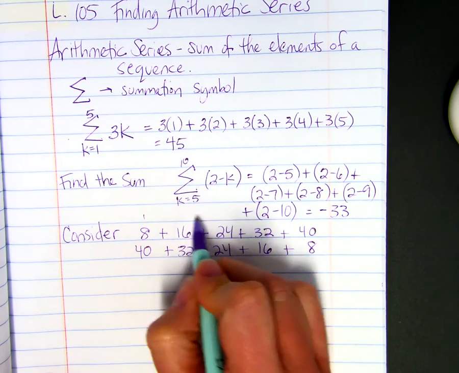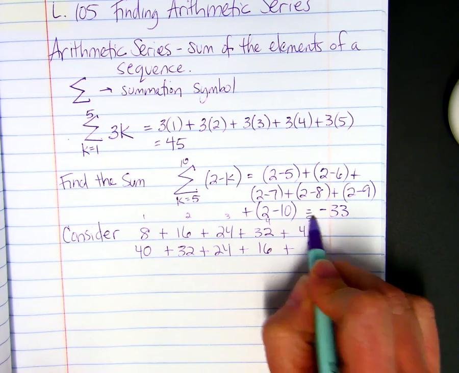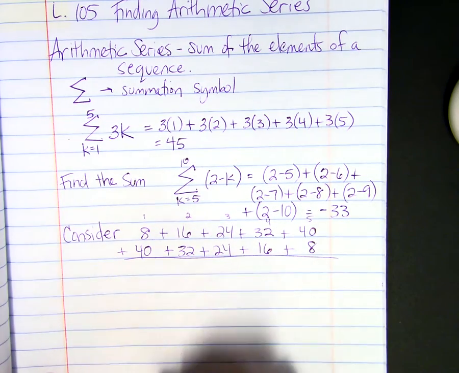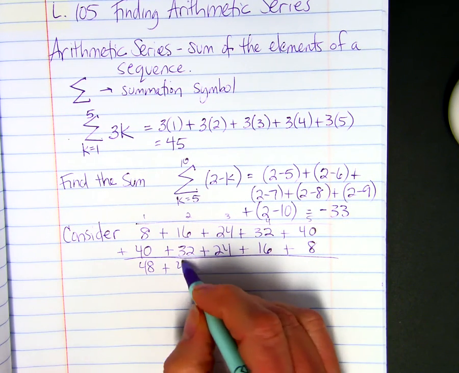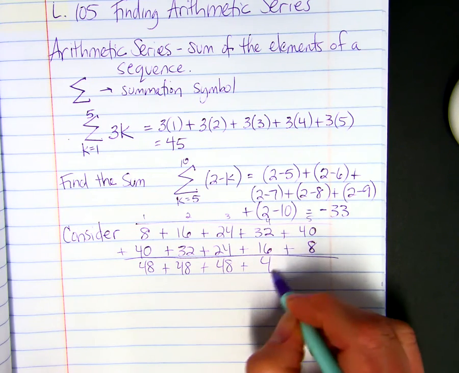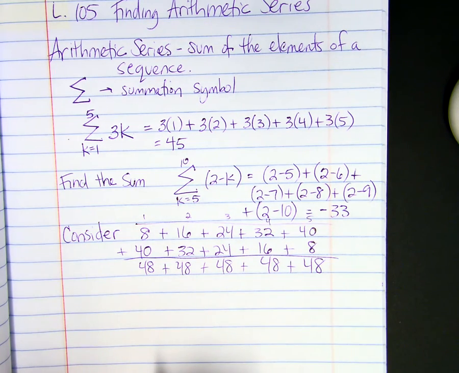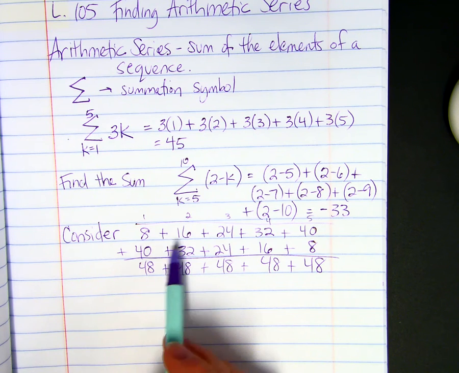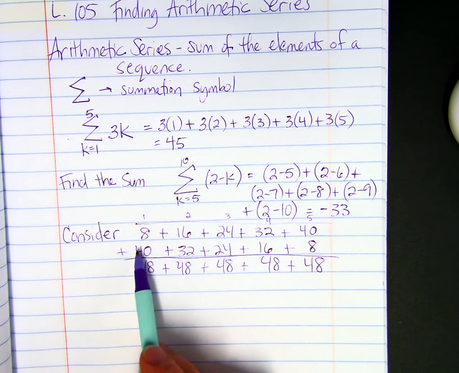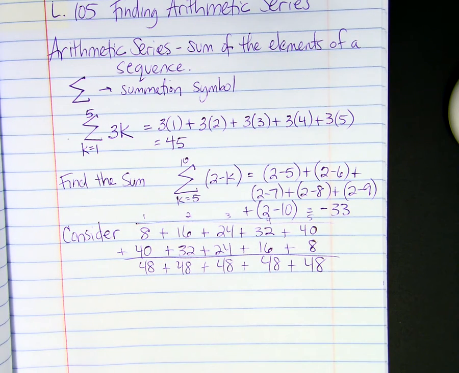So if this is 1, 2, 3, 4, 5, and we add these together, this is the first term, second term. So we get 48, 48, 48.